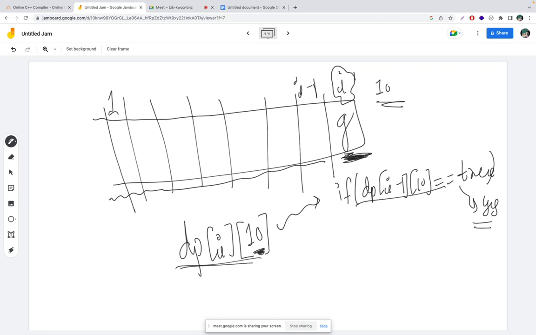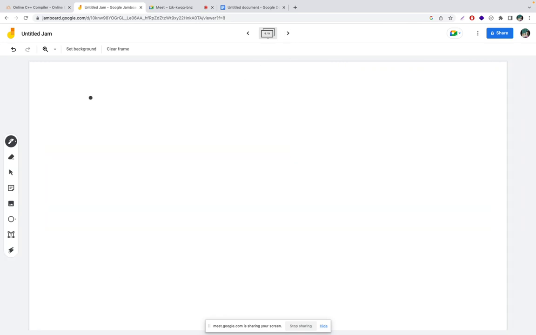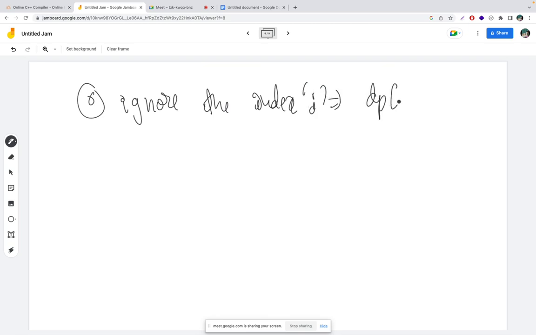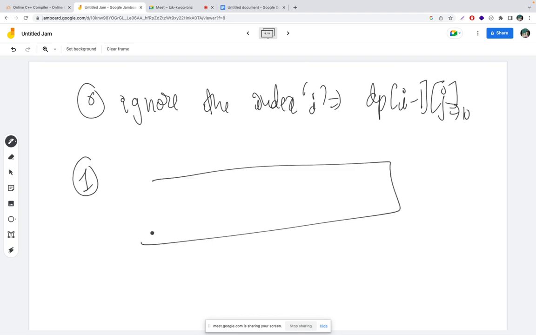So the first option is to ignore the index I. When you ignore the element at index I, the answer is equivalent to dp of I minus 1, j, where j is 10. The other option is to use basic common sense. We want the sum 10.